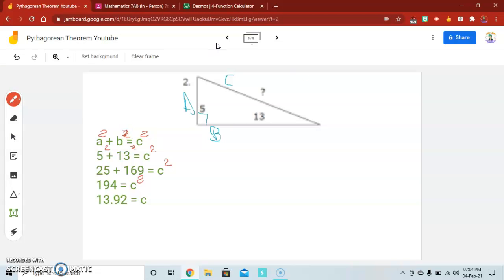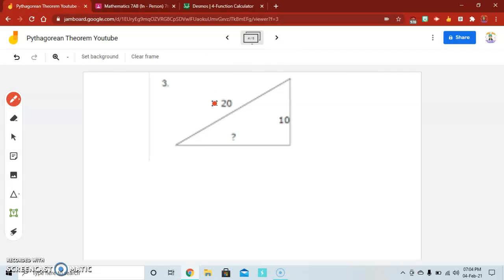There we go. And we're going to do number 3. And this is going to be our last one. So we already have our hypotenuse, which is C. We already have a leg, which is A. So we have to find B. So now this is where the other formula takes place.